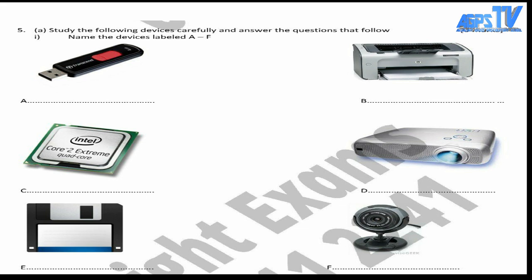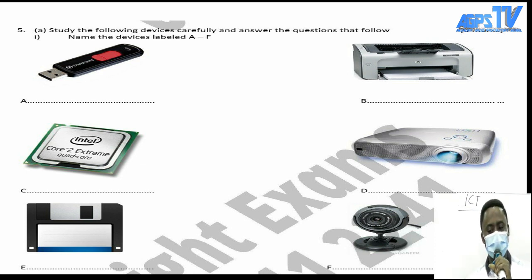Peripherals, for instance, the devices labeled A, B, D, F, and E are all peripherals. When I say peripherals, it means they are devices that enable the computer to perform an extra function.